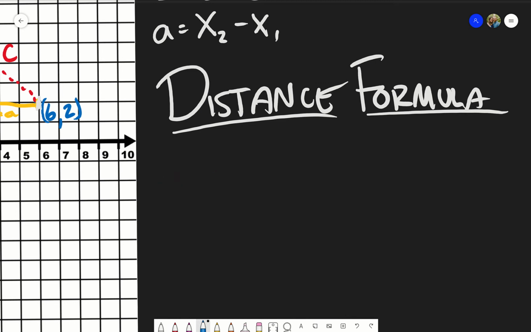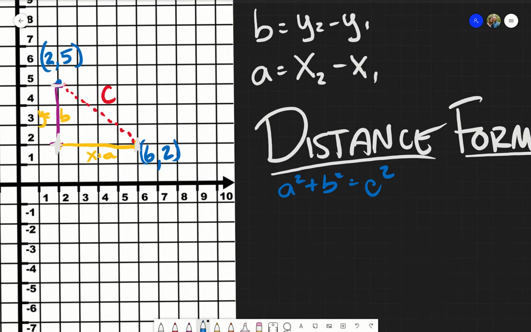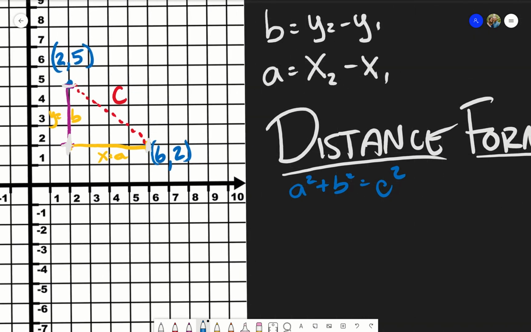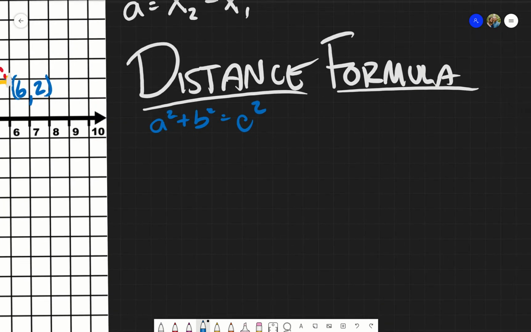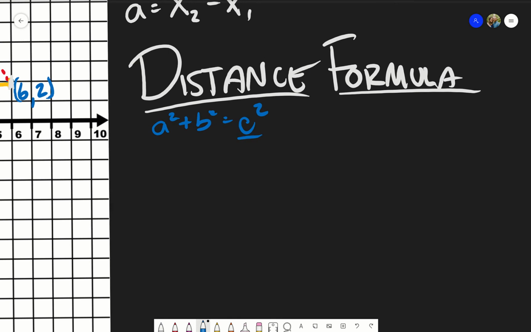We want to know the distance. So if you remember the Pythagorean theorem, a squared plus b squared equals c squared. And c happens to be our distance we're looking for. So we're looking for c.